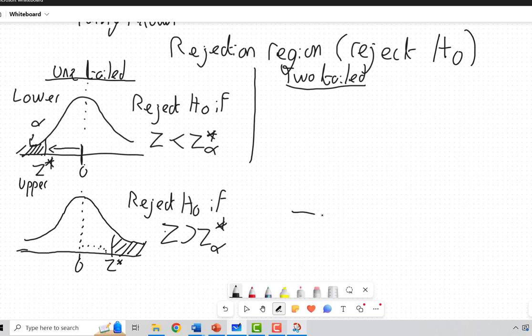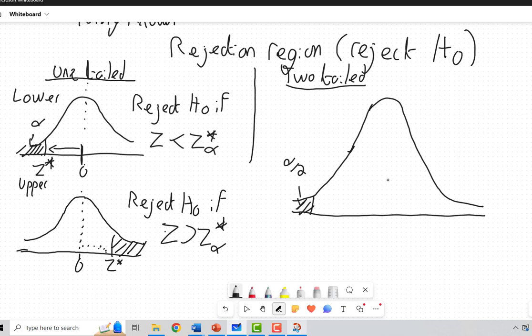Now, two-tailed is a little bit different. I'll draw this bigger. Here we go. This time we still have alpha, but we're looking at both sides. So we have alpha over 2, alpha over 2.